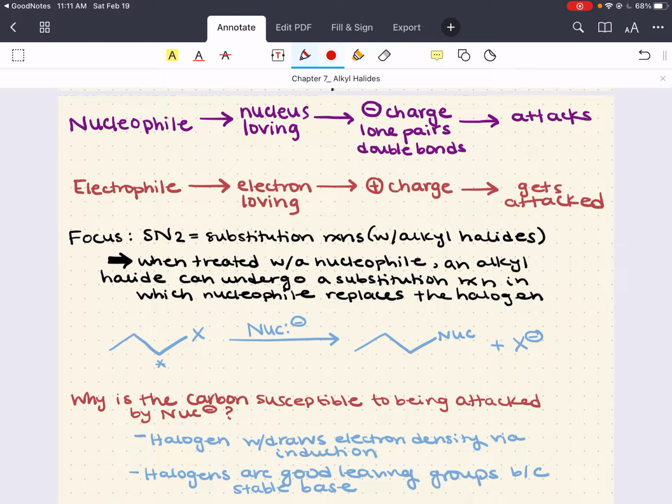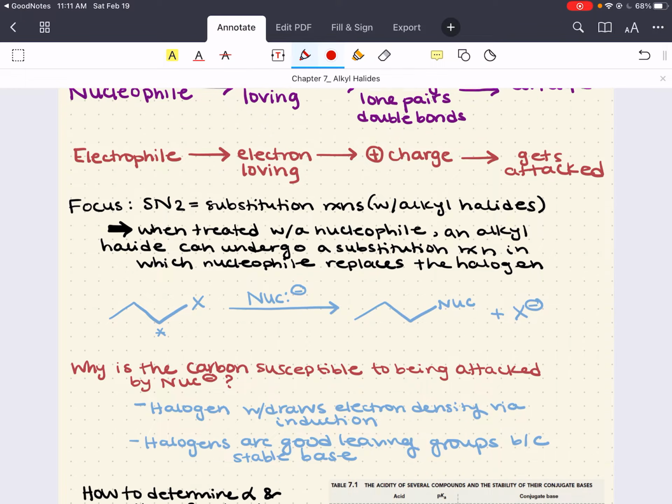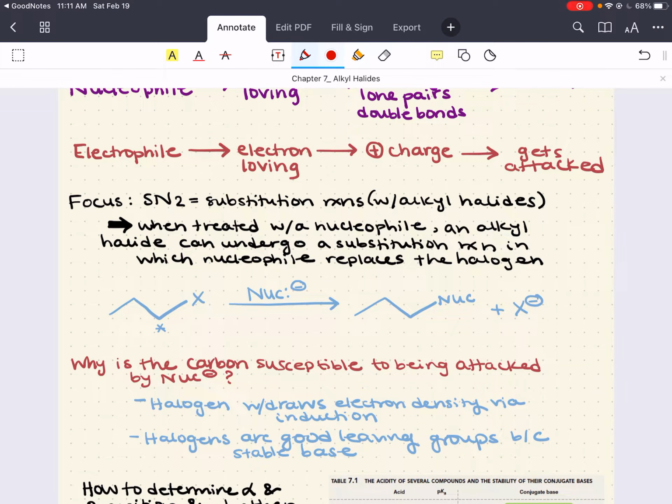All right, but let's really quickly redefine nucleophile and electrophile in case you forgot. A nucleophile is a nucleus-loving molecule. It's going to either have a negative charge or a lone pair, and it's going to be the attacker, if you will. We're going to see some examples shortly. On the other hand, electrophiles are electron-loving.